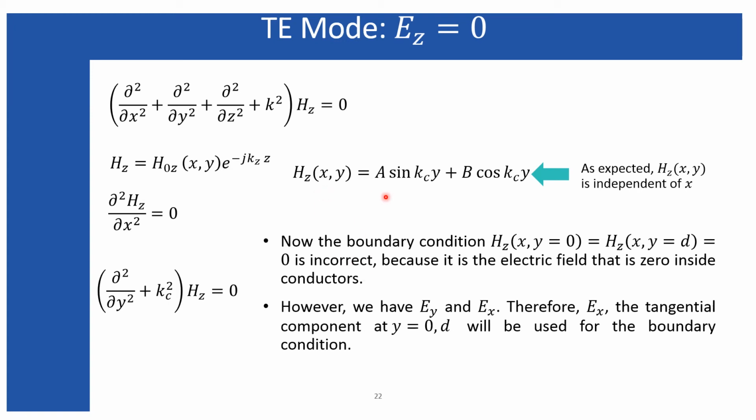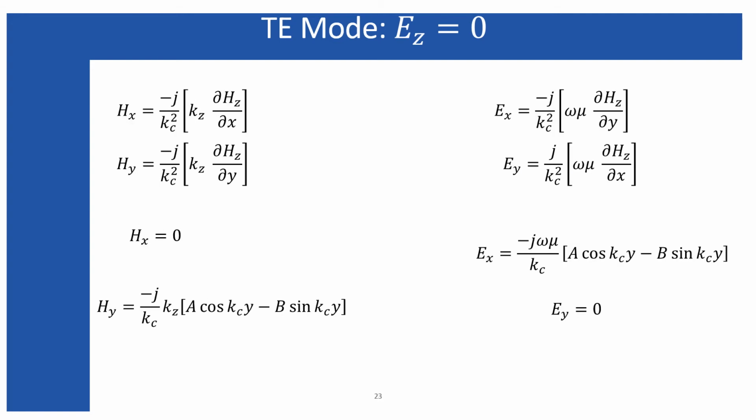So first you have to define Ey and Ex from this expression of the magnetic field. Then you can apply the boundary condition for the electric field. So plugging into these four reduced equations, you can see that del x will be 0, so that makes Hx equal to 0, and here also del x is 0, so that defines that Ey is 0.